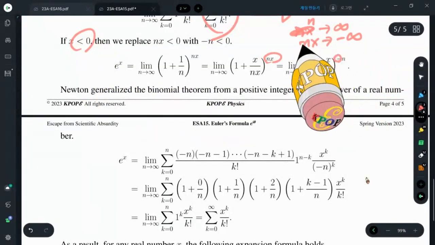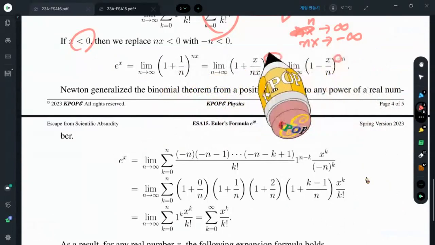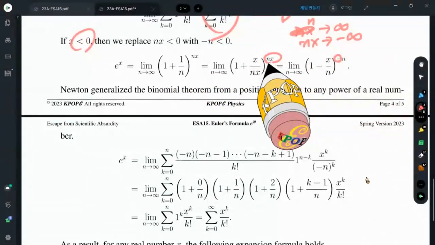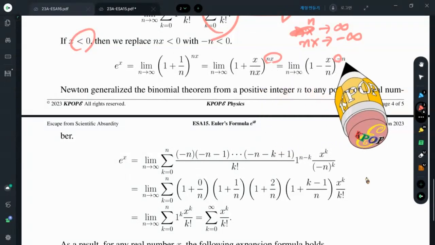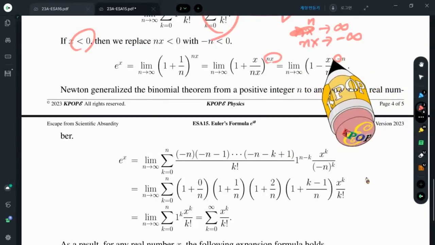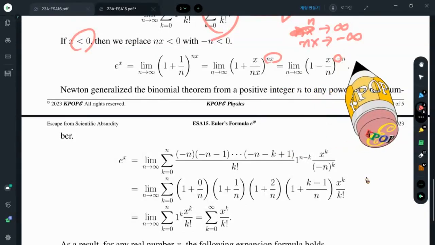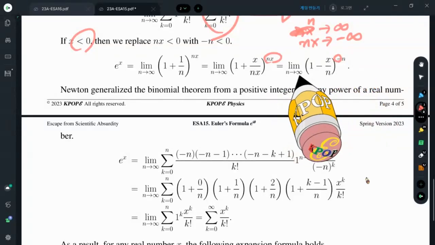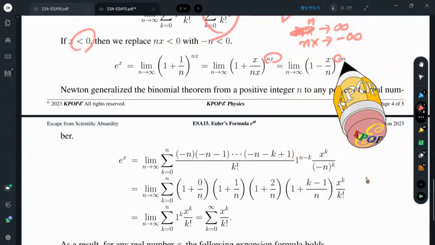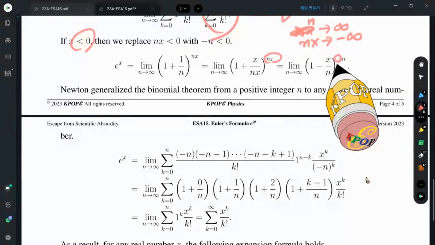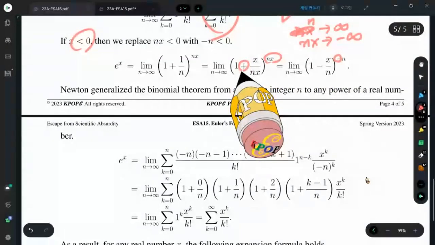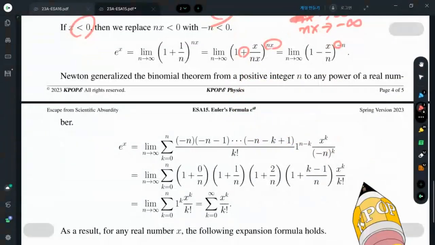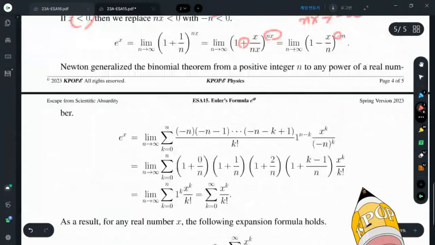So I have to consider the case where some power should go to infinity. Okay, so it still goes to infinity, but it is minus infinity. N goes to infinity, but the power goes to minus infinity. As a result, this one goes to negative infinity.